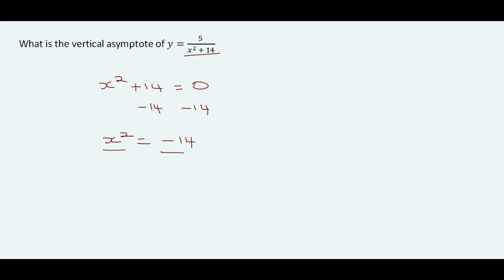Here we're not going to have a real number because x is going to be equal to plus or minus square root of negative 14, which is a complex number, plus or minus square root of 14i. Because you cannot get a real number, this function does not have a vertical asymptote.